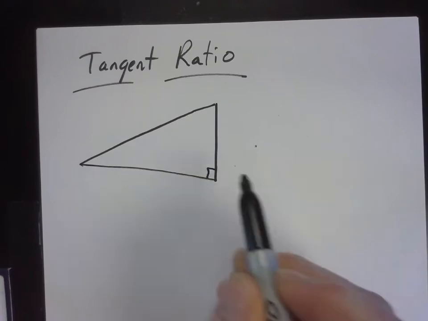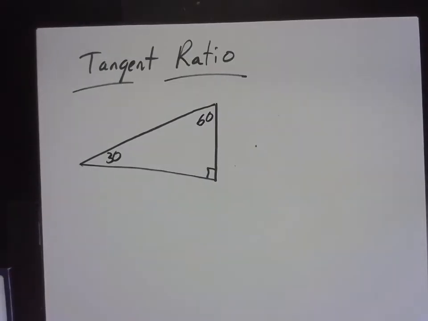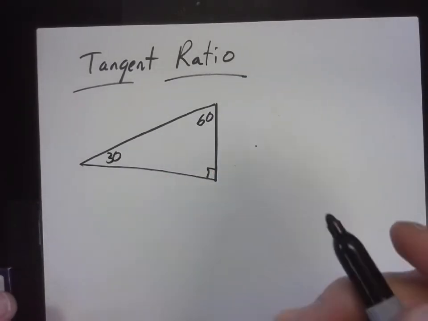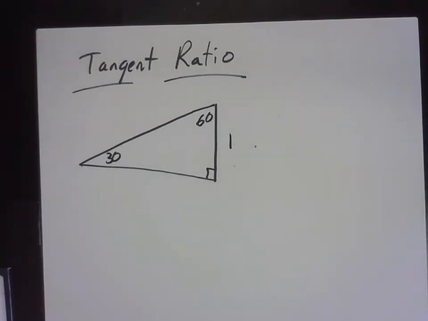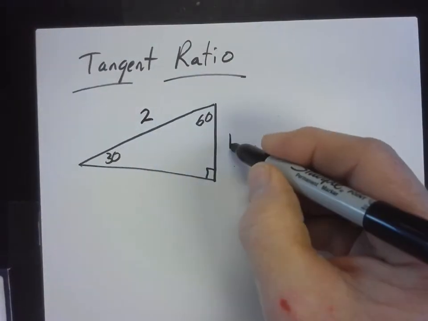So here we have a 30, 60, 90 triangle, and we remembered the ratio between the sides. Like we said, if the short leg is 1, or x, or whatever you want to call it, you guys remember how long the hypotenuse was? It was always 2, right? Twice as long as the short leg.